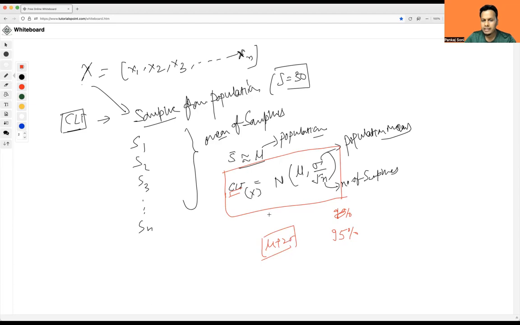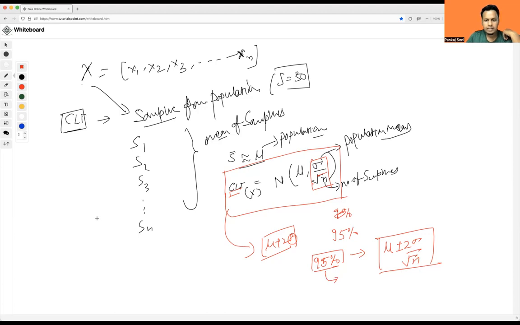When you apply it on the sample, this sigma is the standard deviation of the population divided by root n. So for 95% probability of getting the mean between mu plus minus 2 sigmas, instead of sigma we put sigma upon root n. This will be your confidence interval if you want a probability of 95%.